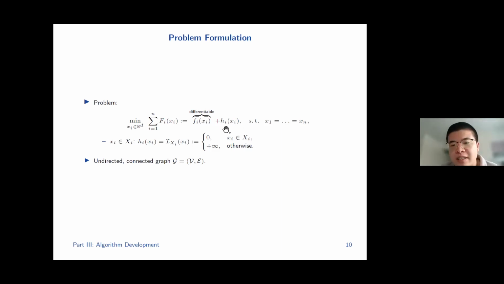Of course, we can directly let hi be identical to the function capital Fi, so that the differentiable function lowercase fi is a zero function. If this problem includes a local constraint like this, then we can write hi(xi) to be the indicator function of this constraint, where the indicator function is described here. We assume the underlying graph to be undirected and connected.